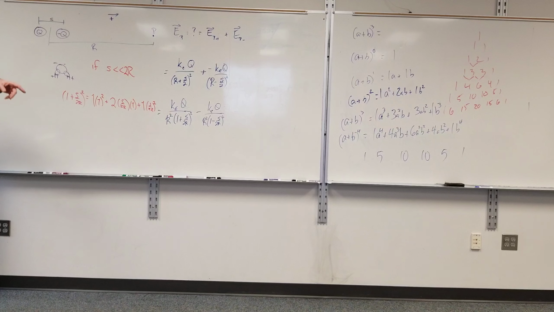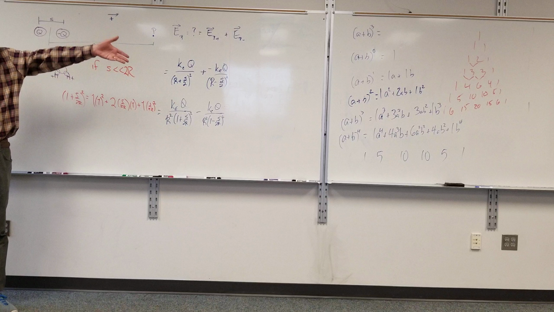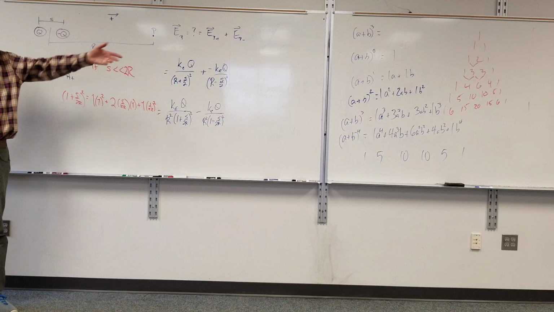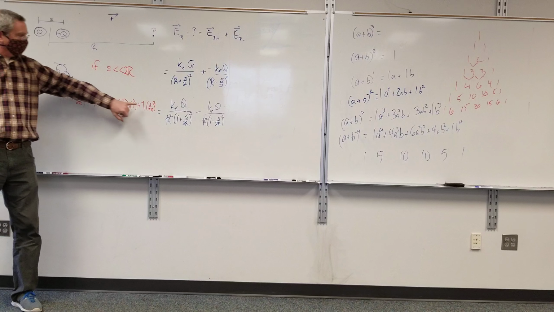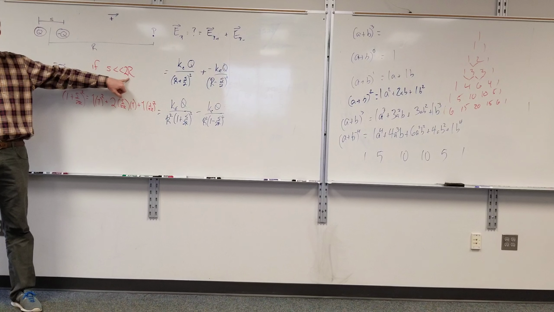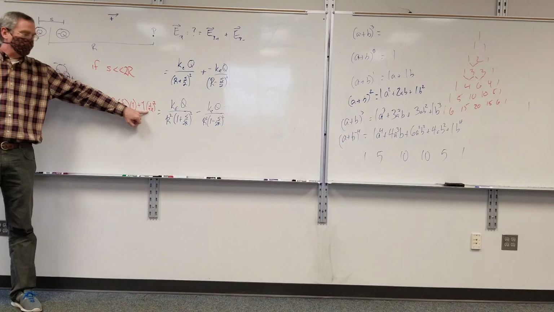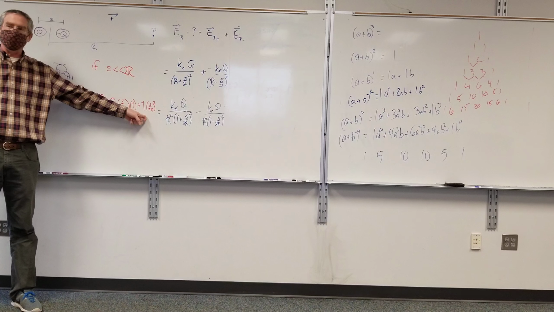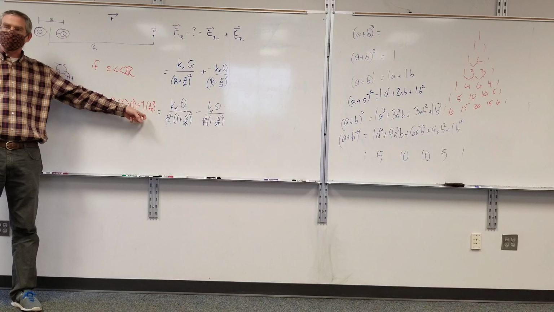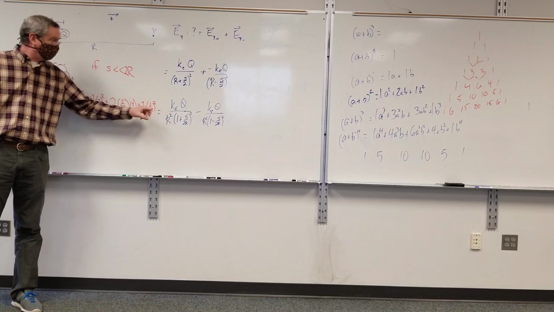If I did cubed, there's the pattern over there. a is equal to 1 and b is equal to s over 2r. If s is much smaller than 2r, then this is incredibly tiny. If this is 0.1, this is 0.01.